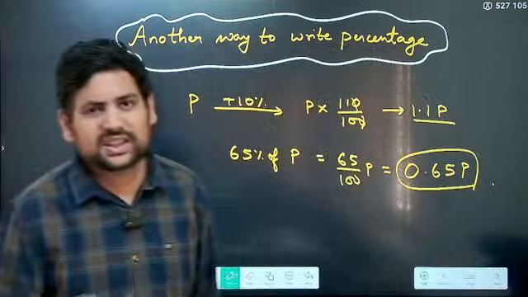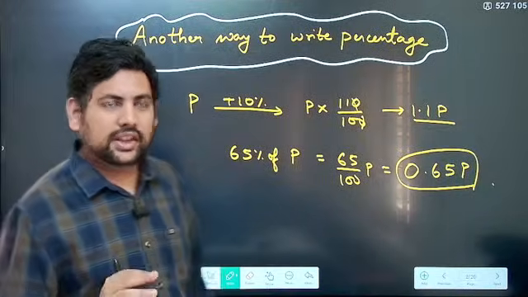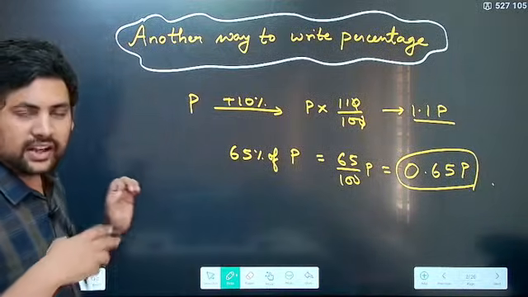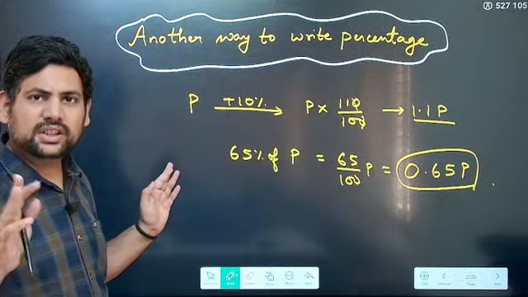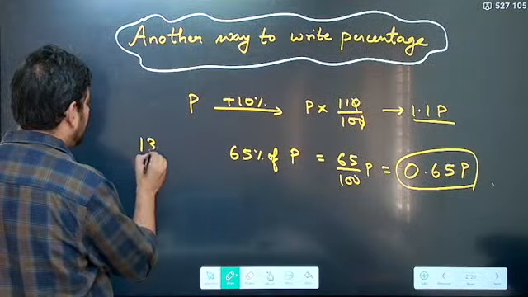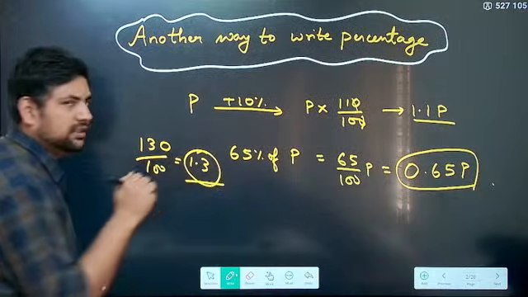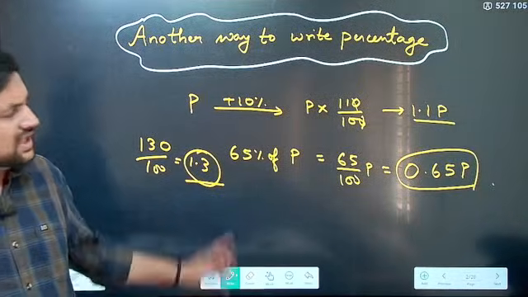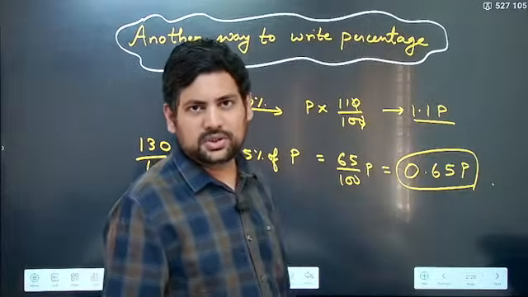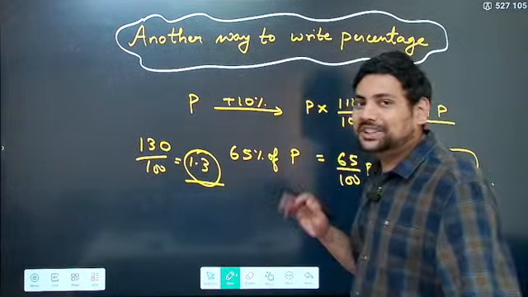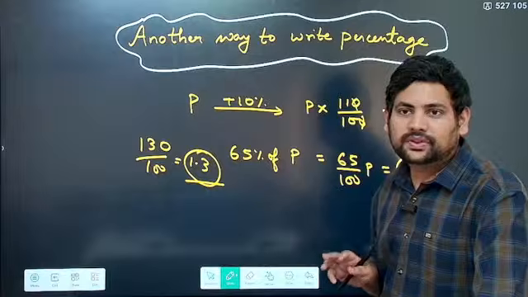Now if I say 130% or 30% increase, then this will be 130 by 100, or in other words you can just write 1.3. Correct? So this is another way that we will sometimes use. This is sometimes prettier to write and do.